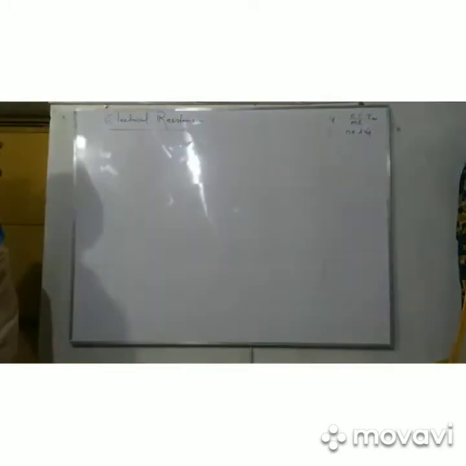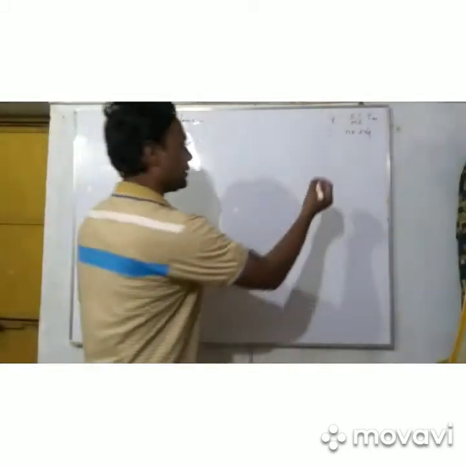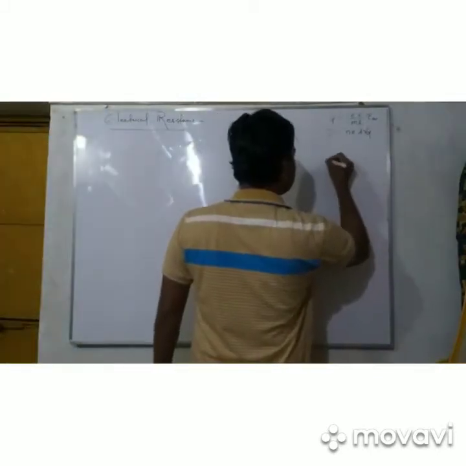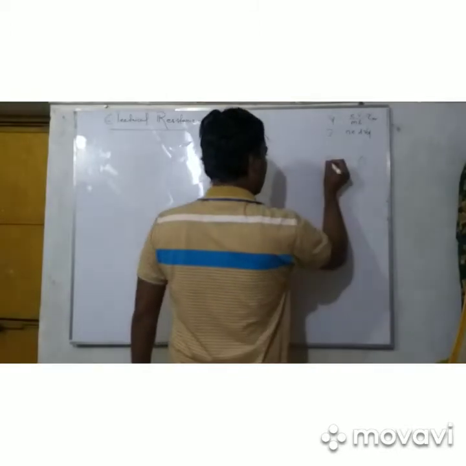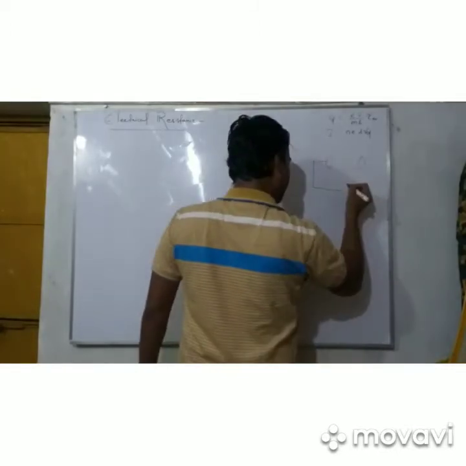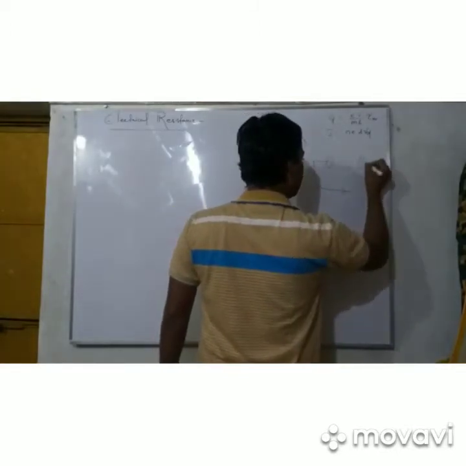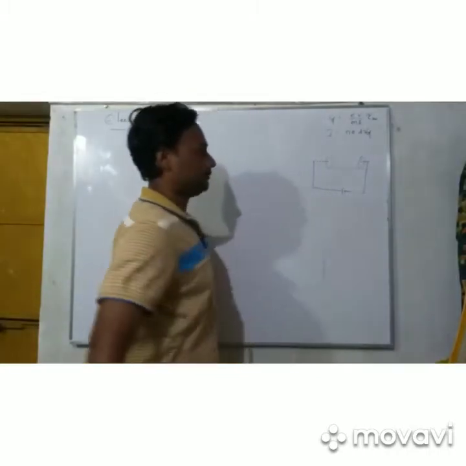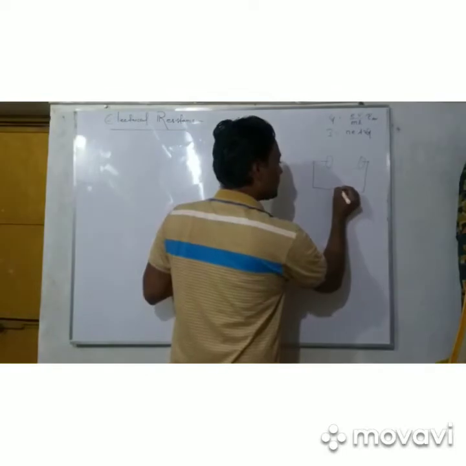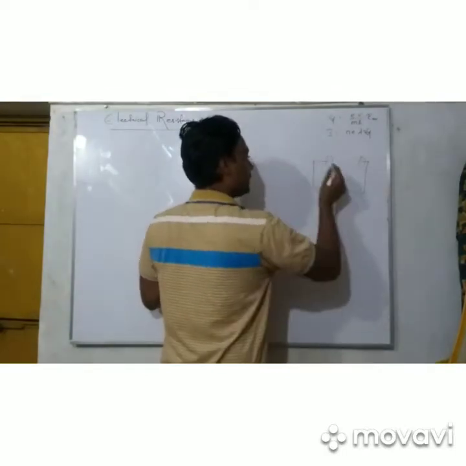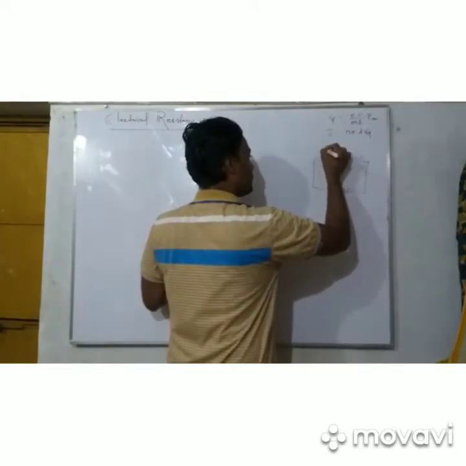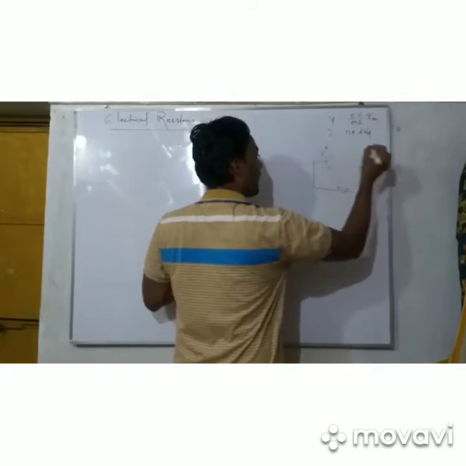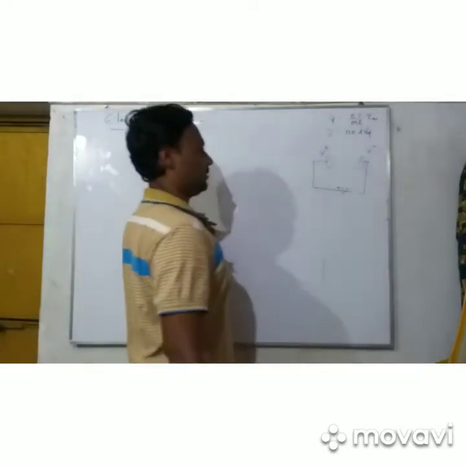So what is done by electrical resistance? Suppose this is the conductor. Both ends of the conductor are connected to a battery by wires, one end positive and the other negative.